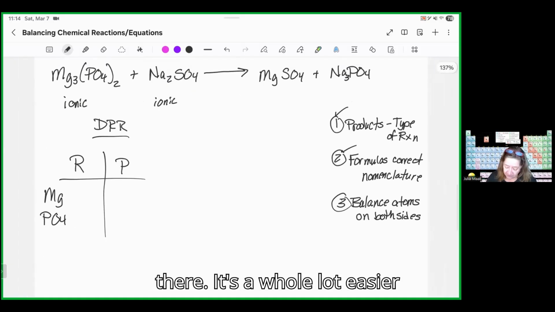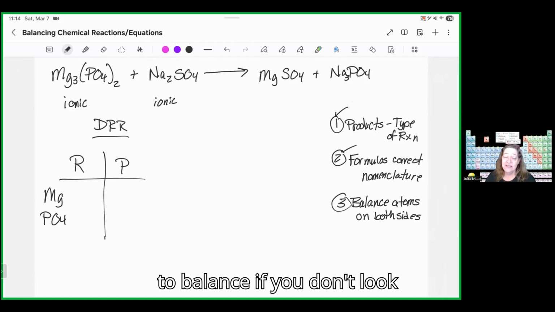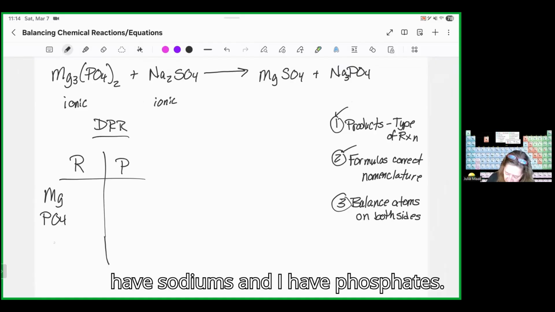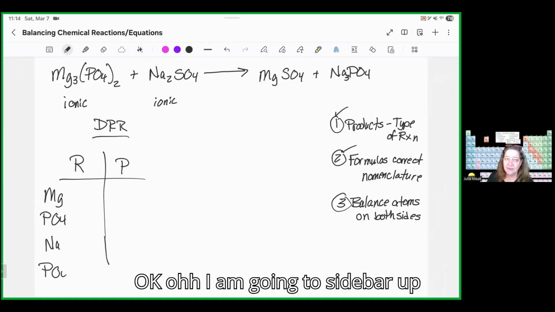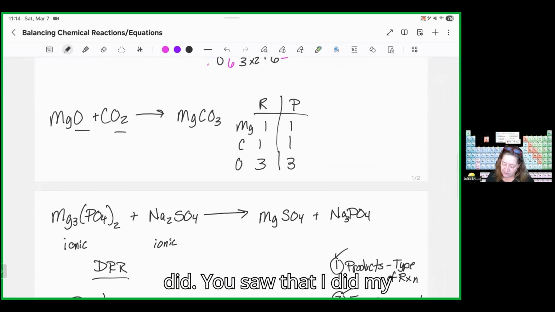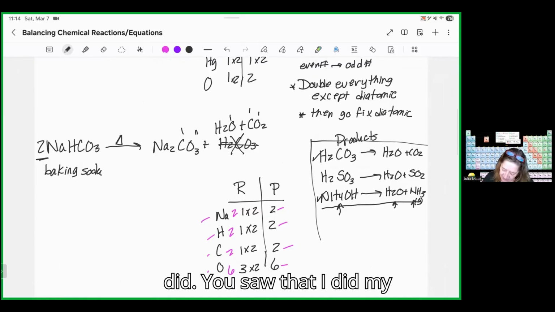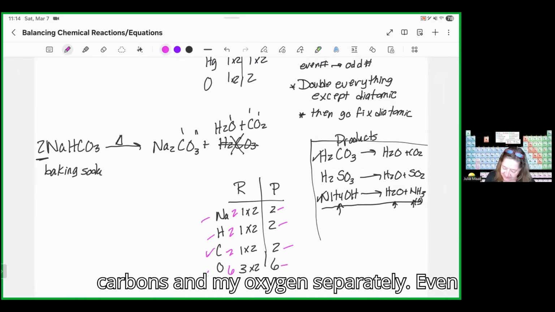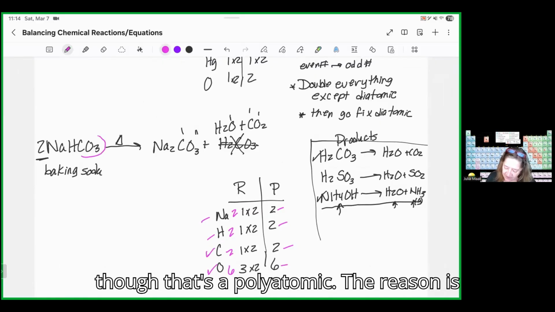Don't rip those apart. It's a whole lot easier to balance if you don't look at them separately. Okay, I have sodiums and I have phosphates. Oh, I am going to sidebar up here. On the one that I did, you saw that I did my carbons and my oxygens separately, even though that's a polyatomic.